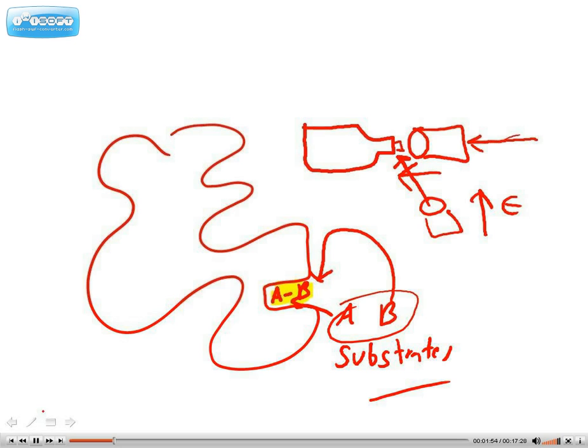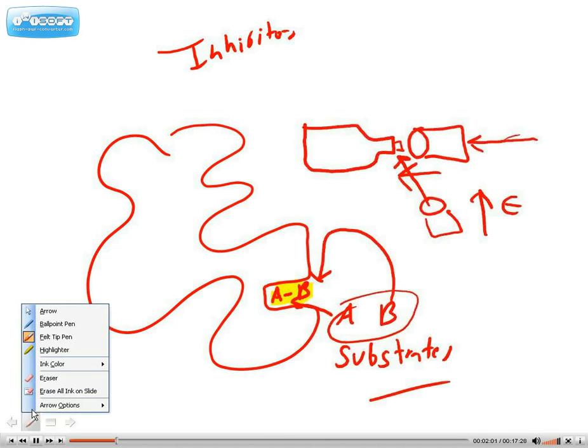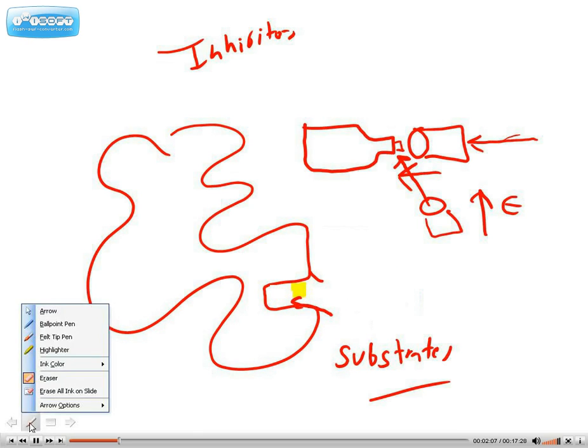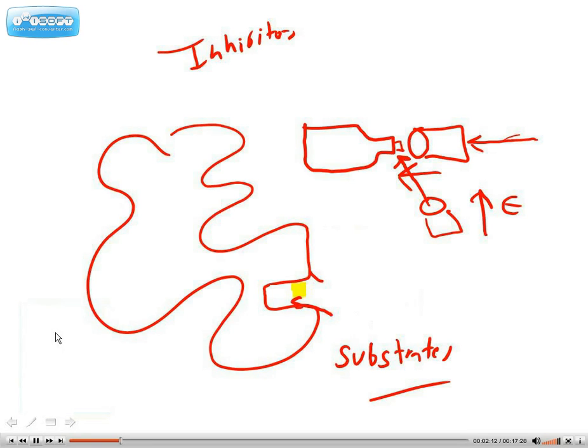Now, in this part, we're going to be talking about inhibitors. And in a nutshell, what happens is inhibitors inhibit an enzyme from working properly.